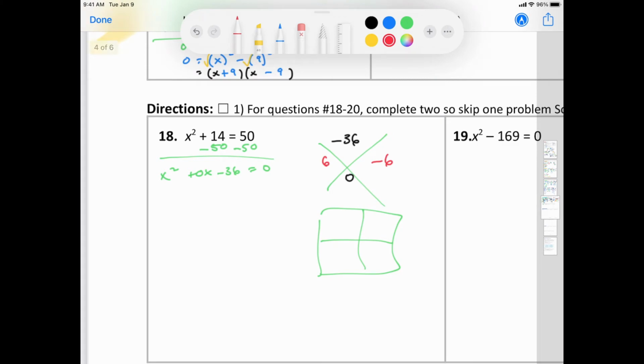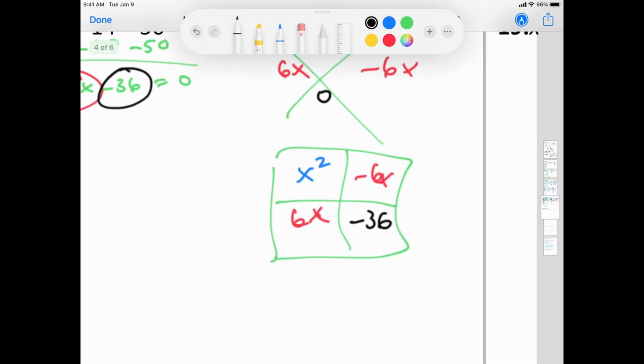And some of you guys see the shortcut. There is an x. I was about to tell you, but I said no, I won't do that. I don't want to cheat you out of the learning. Negative 36.